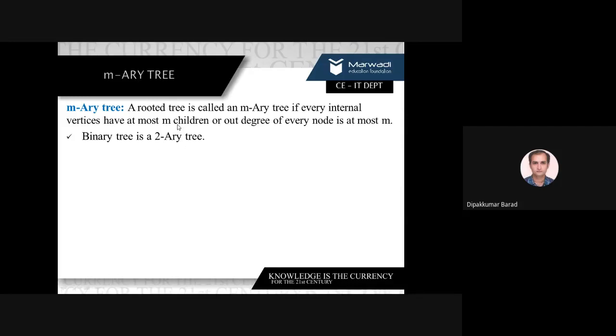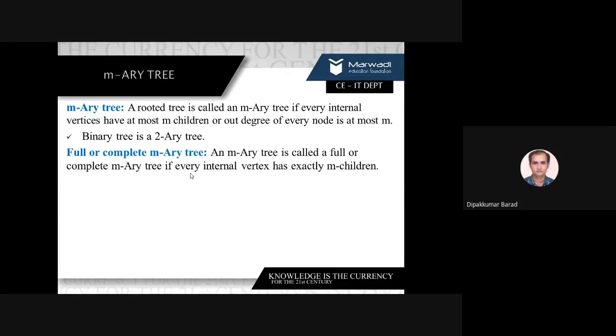So this binary tree is also a three-ary, four-ary, and five-ary tree. According to the definition of an m-ary tree, which has at most m children, if you have at most two children, it also satisfies this condition. So every binary tree is also an m-ary tree.